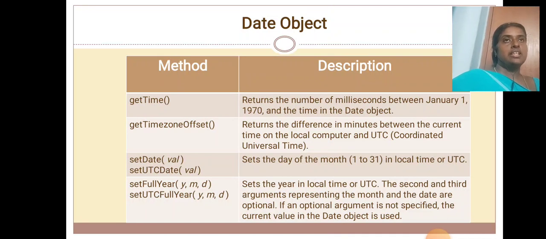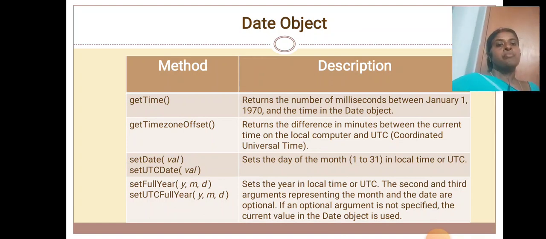For example, currently I am on September 15, so I have to pass setDate of 15. It will set your current system date as 15. If you want to change with setUTCDate, you have to give the value to setUTCDate, whatever day you want to set, either 1, 2, 3, 4, 5, whatever it is.